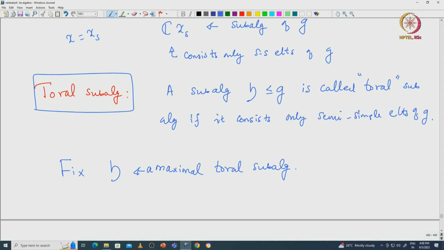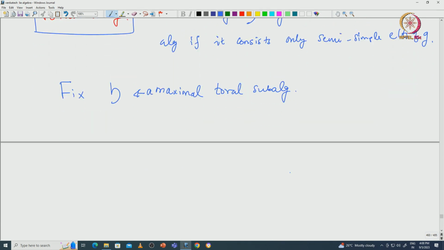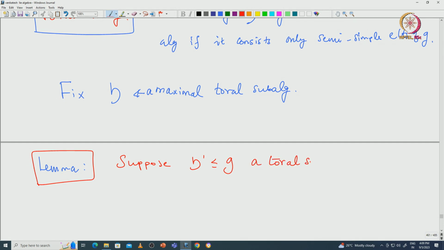If we take any Toroidal subalgebra, it must be abelian inside G. This is a small lemma, or a small observation. It says: suppose H' is a Toroidal subalgebra of G. Then this H' must be abelian.